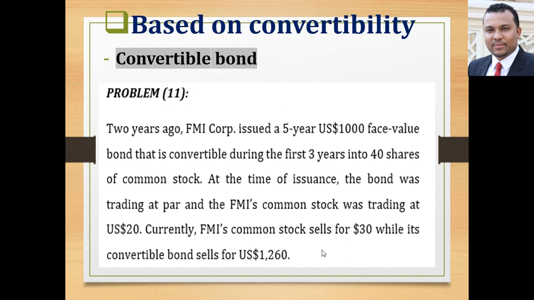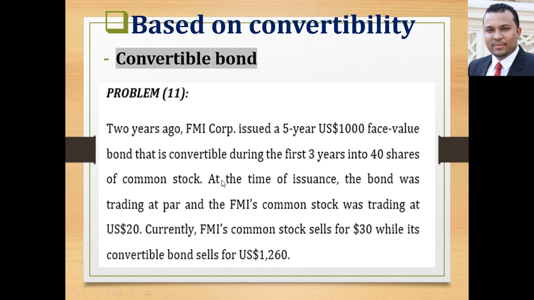Two years ago, FMI Corporate issued a 5-year bond with face value 1,000 US dollars, convertible during the first years into 40 shares of common stock. One bond equals 40 common shares.